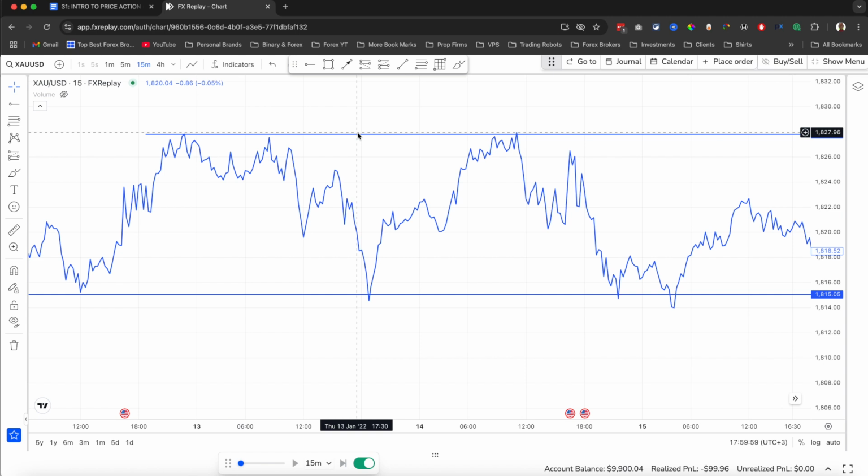So for you to identify the support and resistance levels, you should take the analogy of a bouncing ball. When the ball comes down to the floor, the floor acts as a support, okay? And then when it goes up, this one becomes a resistance because it does not allow the ball to go up, right?